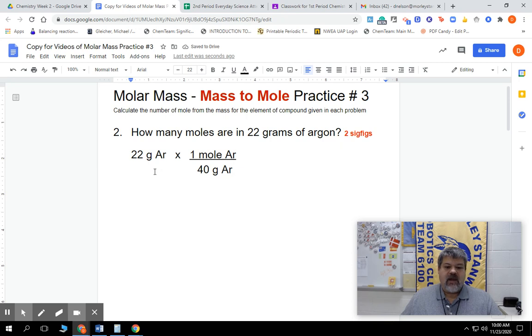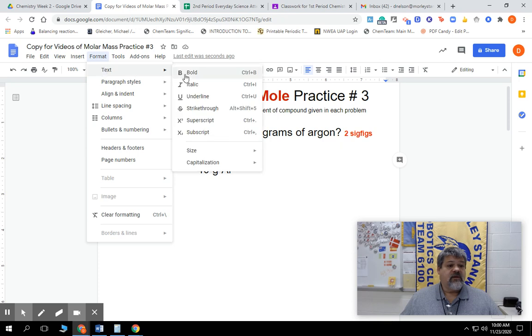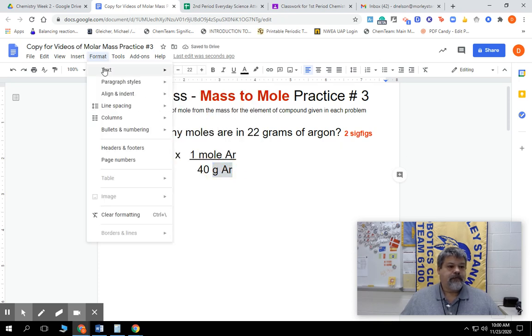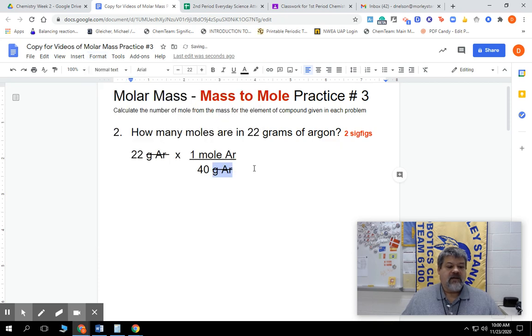So now we have to do the math, but before we do the math, we're going to cancel things out. Since I have this on top and on bottom, we're going to get rid of that, and all we have to do is strike through it. We're going to strike through this also. Now, it's important to strike through this stuff. If you do not do that, then those things have to be in your answer.